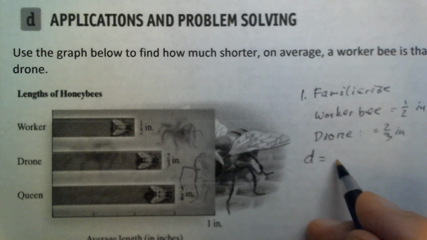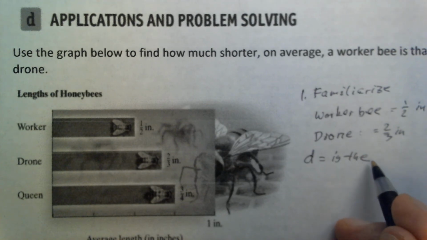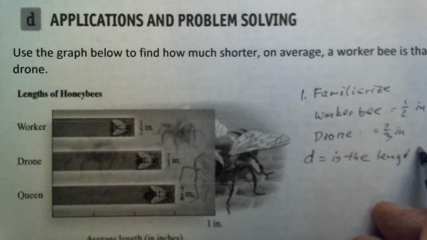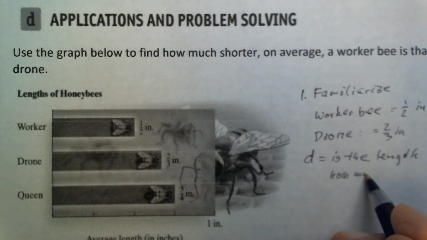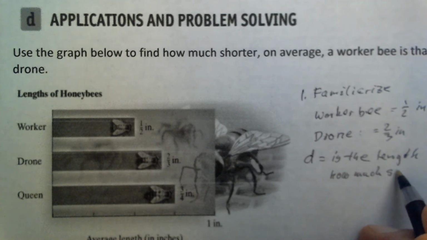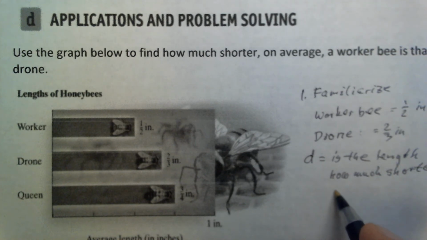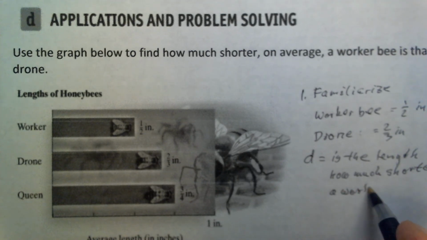So in other words, d is by how much shorter on average your worker bee is than a drone.